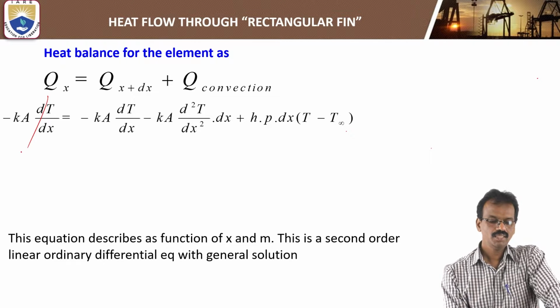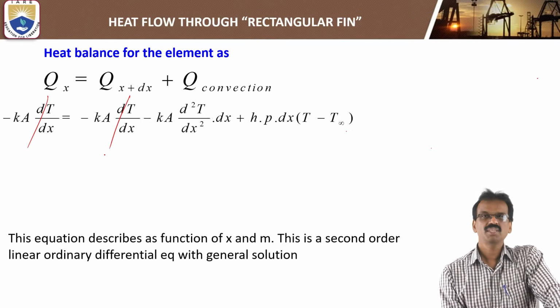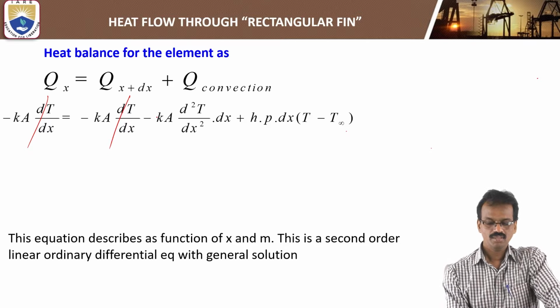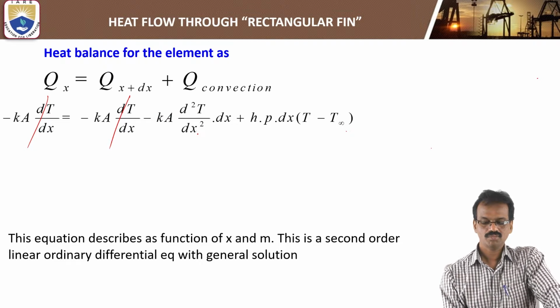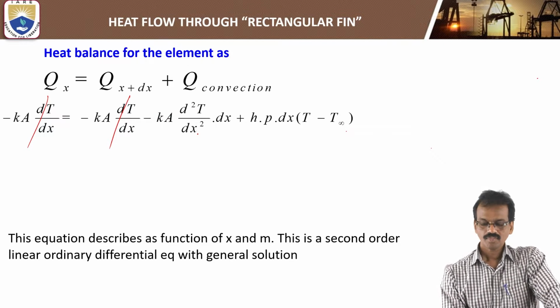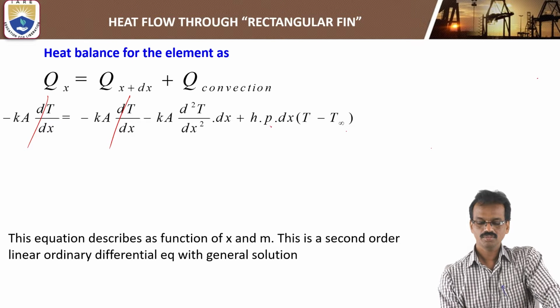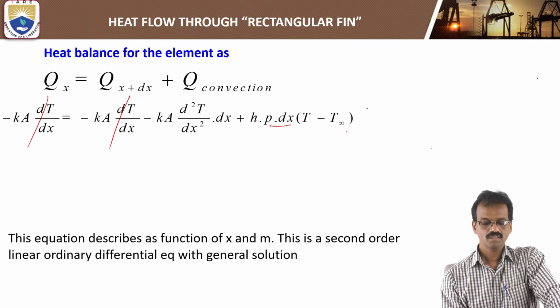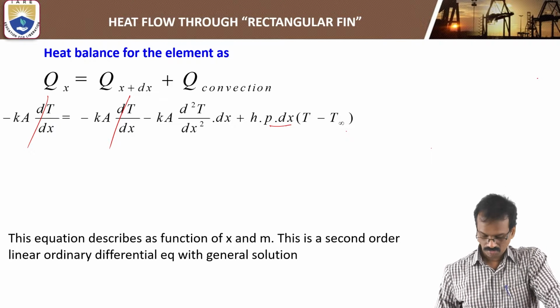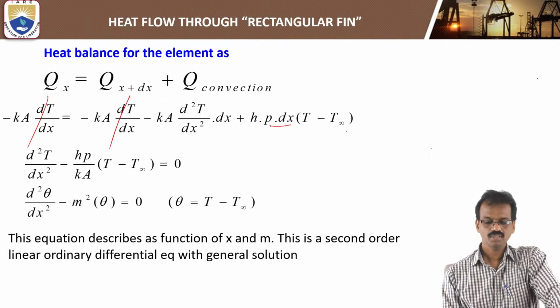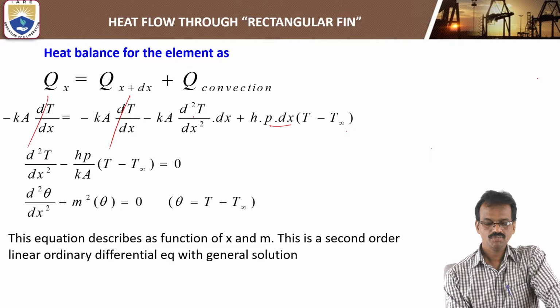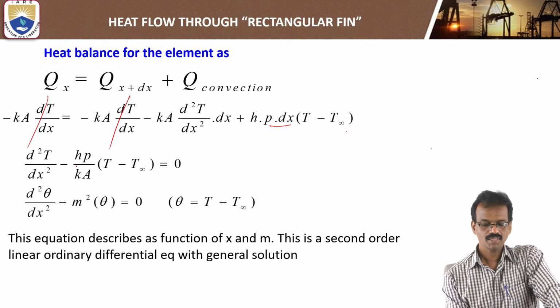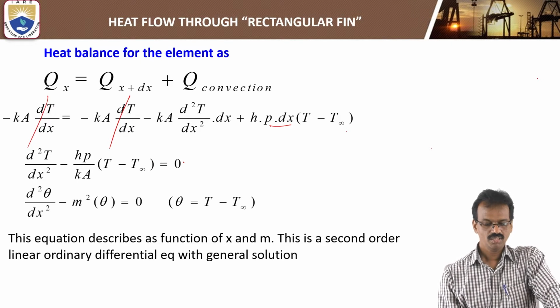So minus k dT by dx terms will be cancelled. Then minus kA d square T by dx square into dx plus h P dx, because this is the area, into T minus T infinity. So d square T by dx square minus hP by kA into T minus T infinity is equal to 0. This is the equation.